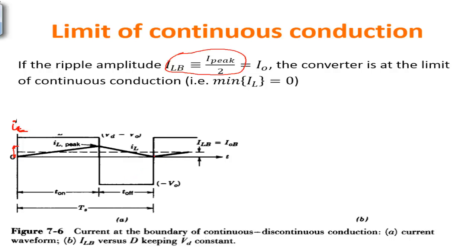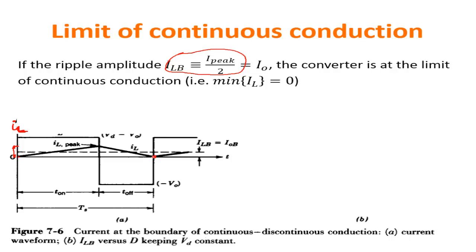You can see that as you reduce the average current through the load, you can reach this situation in which the minimum current through the inductor is exactly 0. This would be the limit of continuous conduction, because if we reduce further, then the current would go below 0, which is not allowed by the presence of the diode.